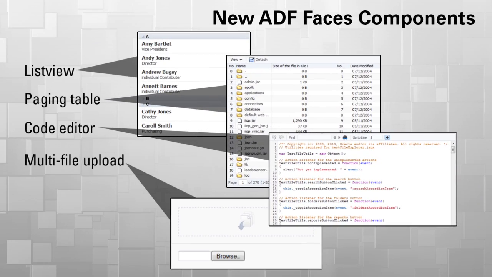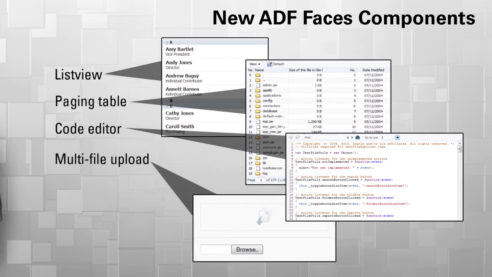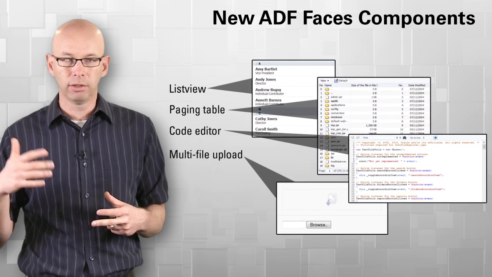Beyond the data visualization components, we also introduced a bunch of new components for your regular pages. One key component is the list view. The list view component allows you to show a list of items in kind of an array, in a way that you might be familiar with from things like the contact list on your phone or the list of songs that you see on your tablet.